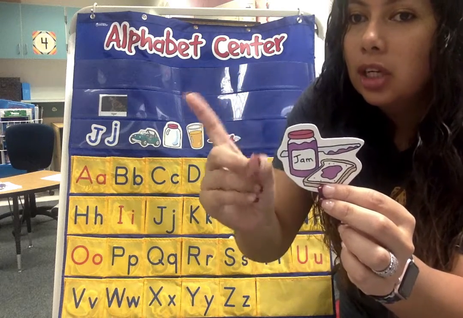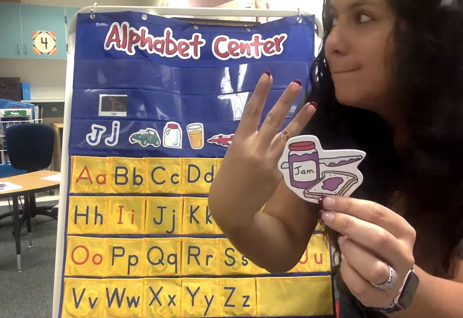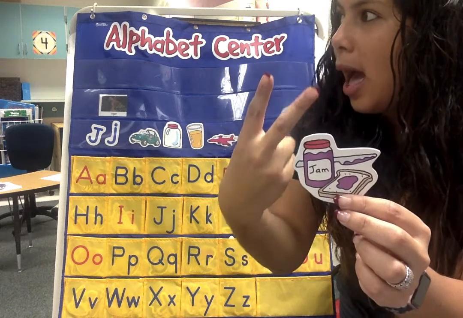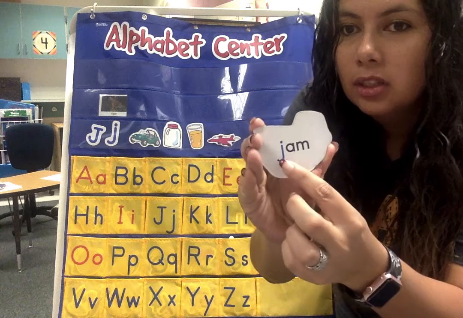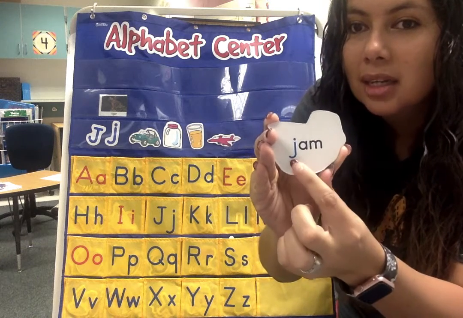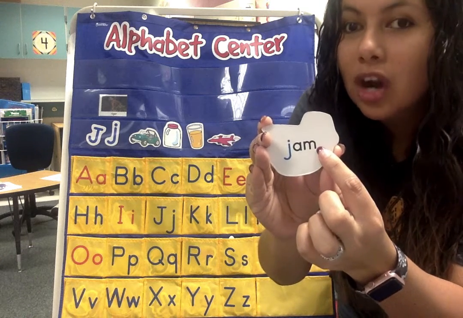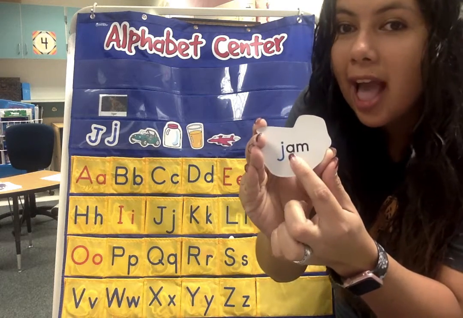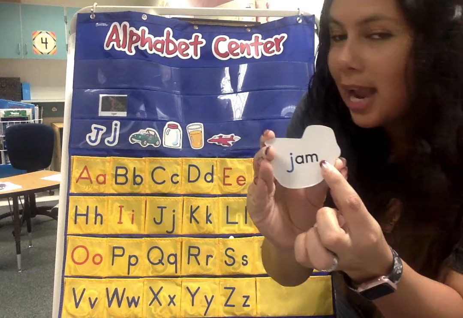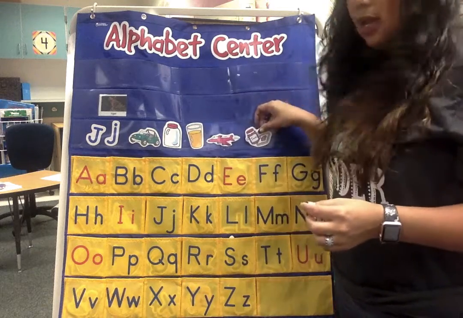J, ah, j, ah, okay? Jam. So j, a, m, consonant, vowel, consonant. And then when we combine the sounds, we make a word. J, am, jam.